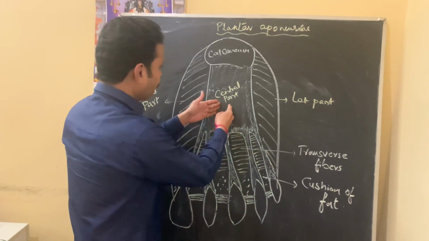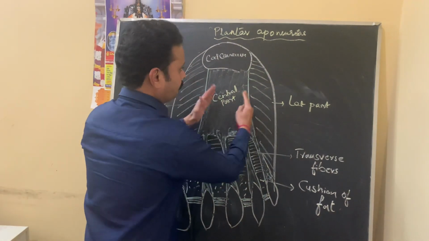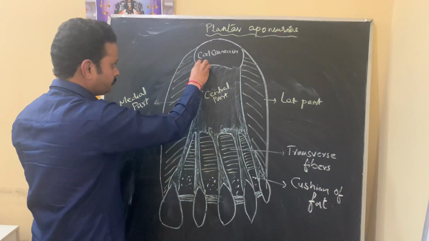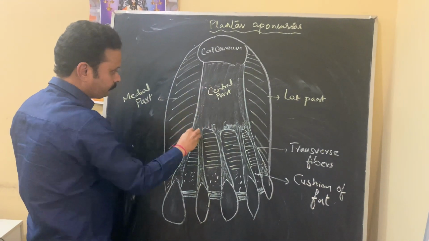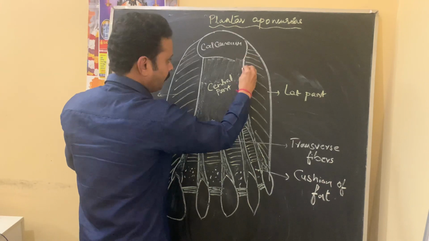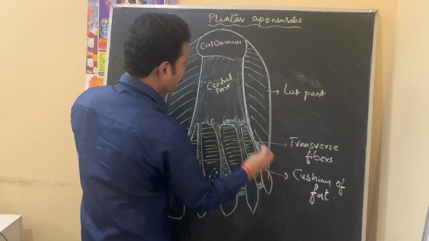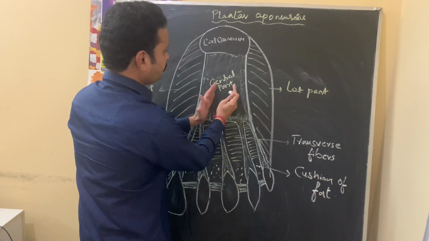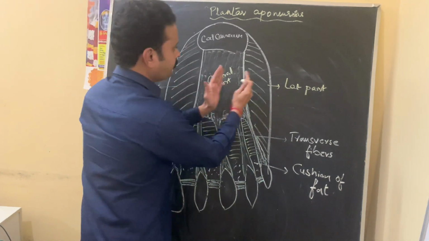So between the central part and the peripheral part we find this medial intermuscular septum and we find lateral intermuscular septum, dividing the central part from medial one and central part from the lateral one.